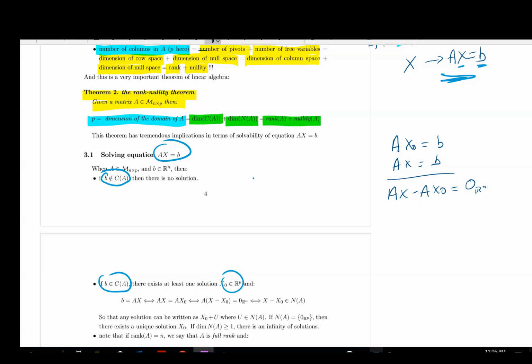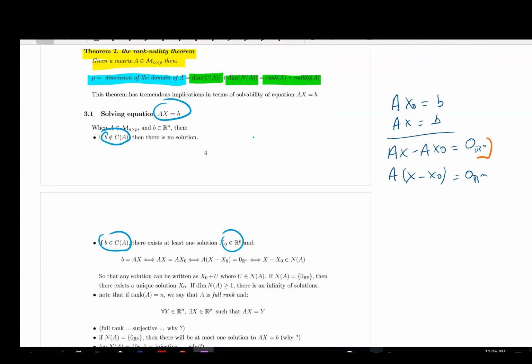You don't have to always put the index, but I think it's a good idea to take this habit so that you are really conscious, every time you write this kind of equation, of what kind of items you are manipulating. I can factor with A: A of x minus x0, keeping the right properties of the matrix vector multiplication. Let's now interpret this. A of x minus x0 is equal to the 0 of Rn.